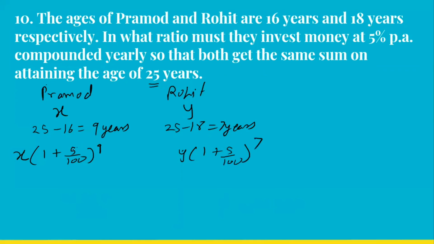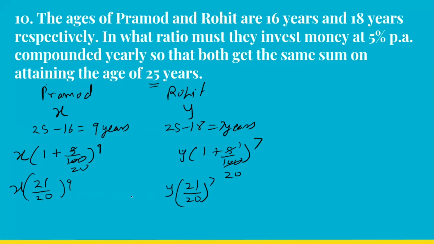So let us simplify. You are asked to find the ratio. So this is 21 upon 20. So this is 21 upon 20 raised to 9 into X. And this is 21 upon 20 raised to 7 into Y.